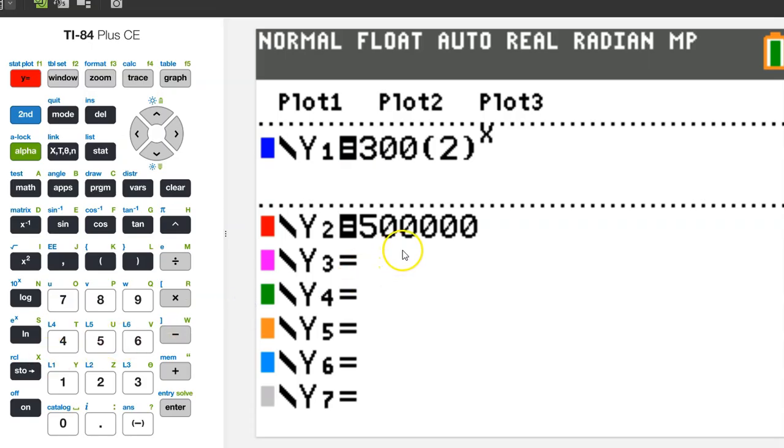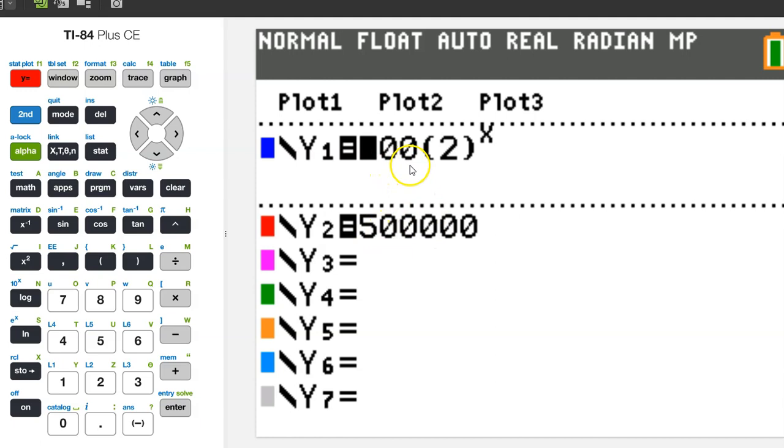The solution to the equation will be the x value of the intersection point between these two curves. In order to find that, we need to manually adjust the window first. We know the y max needs to be something bigger than 500,000 to accommodate this number. So I'm going to type that in as a million. But for the x max, I don't know how many months it will take for the population to reach 500,000.